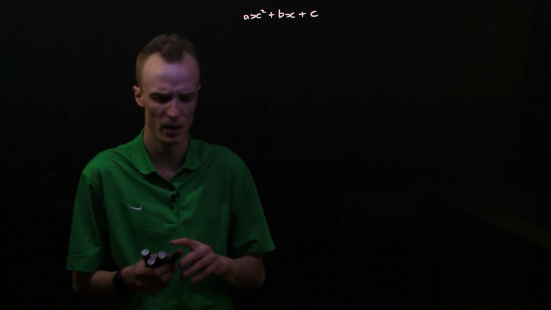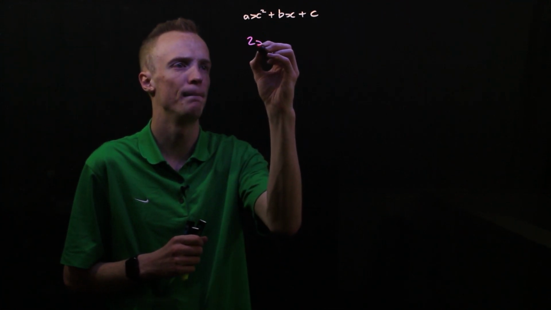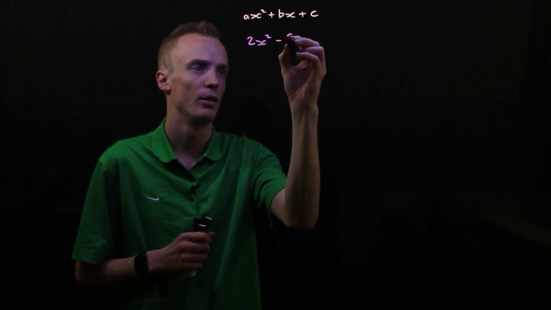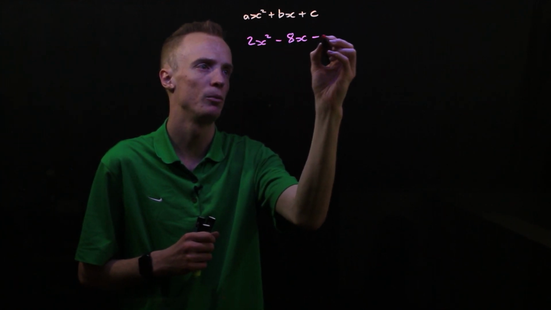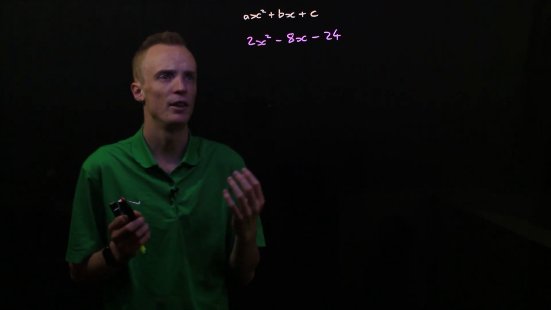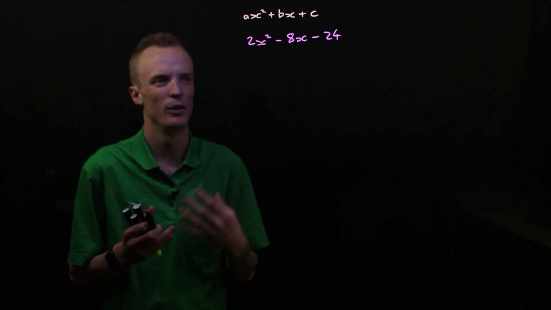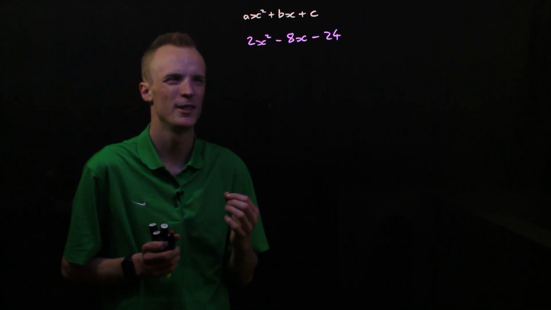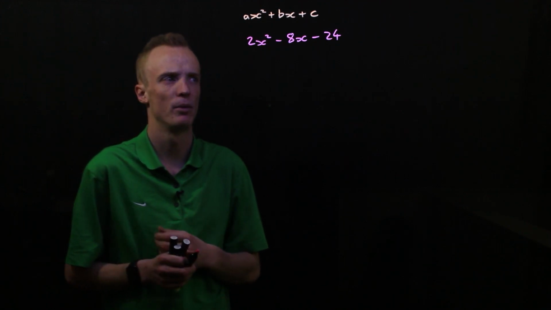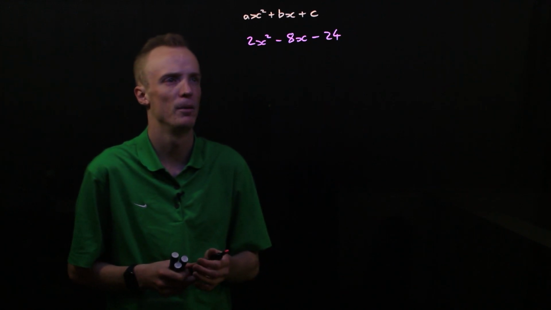So let me give you an example. Let's say I had the problem 2x squared, subtract 8x, subtract 24. Now you'll immediately notice here that our a value is equal to 2, so it's no longer equal to 1, which means in the form that it currently is in, we can't use the sum and product strategy to effectively factorize this trinomial.